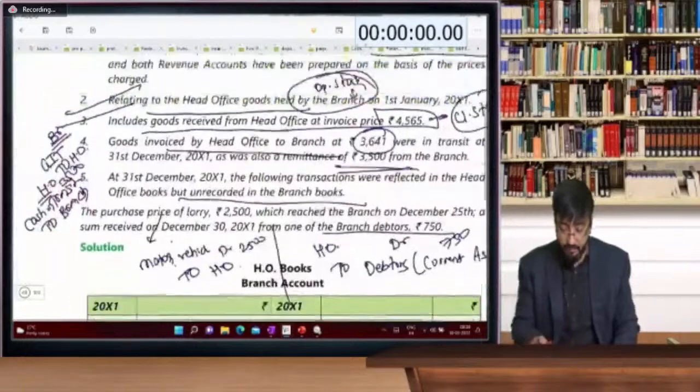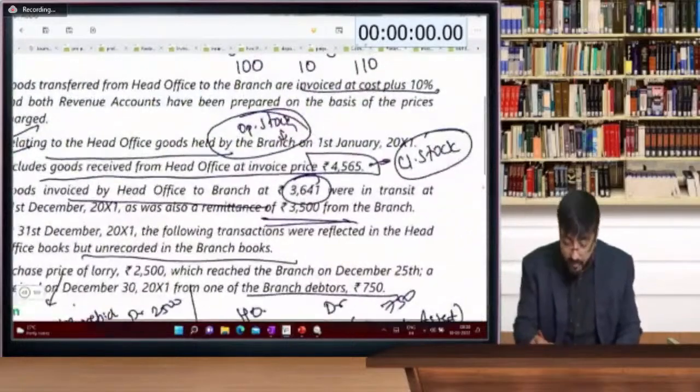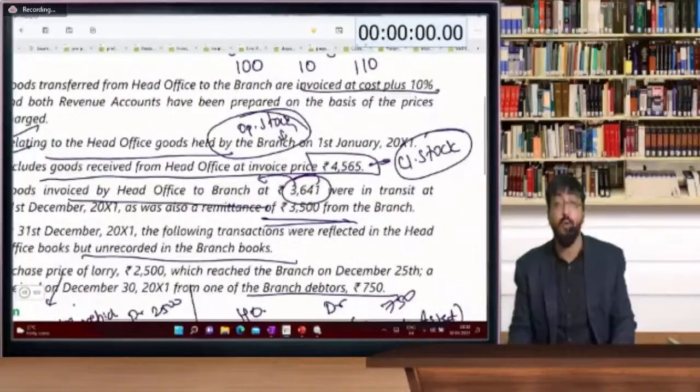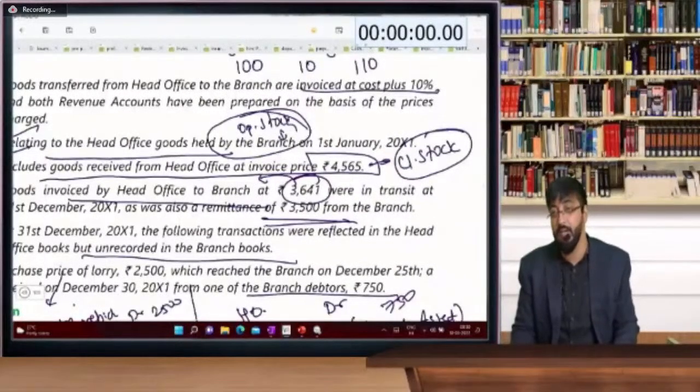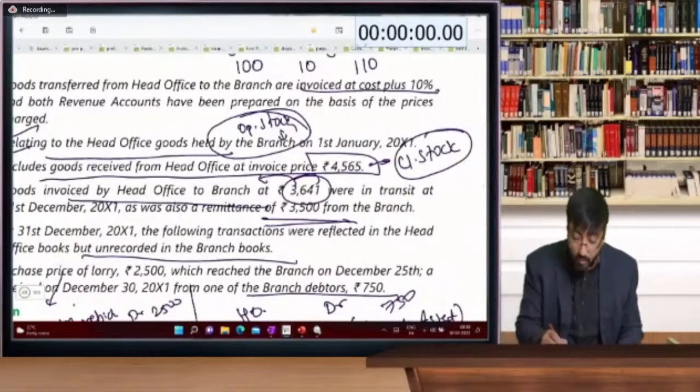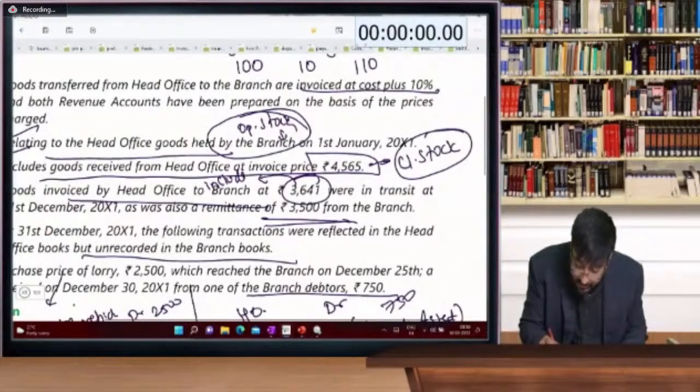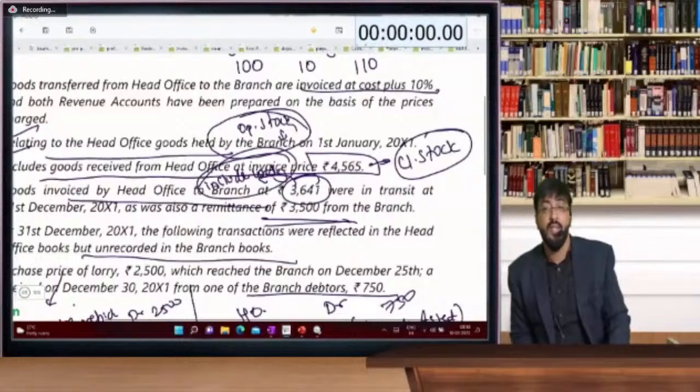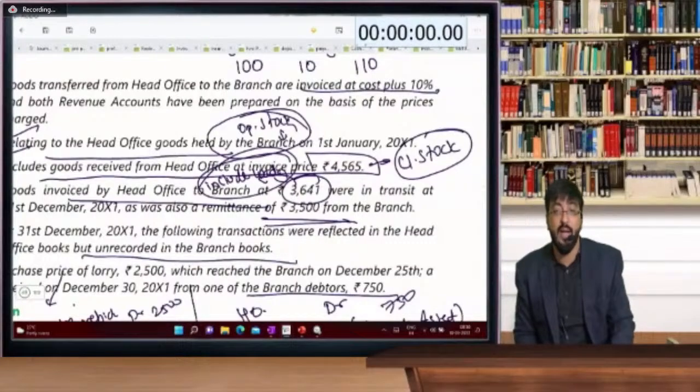And the goods in transit, which are received from HO, include loading, which is very, very important. In 3641 you can write over there, includes loading, unrealized profit.